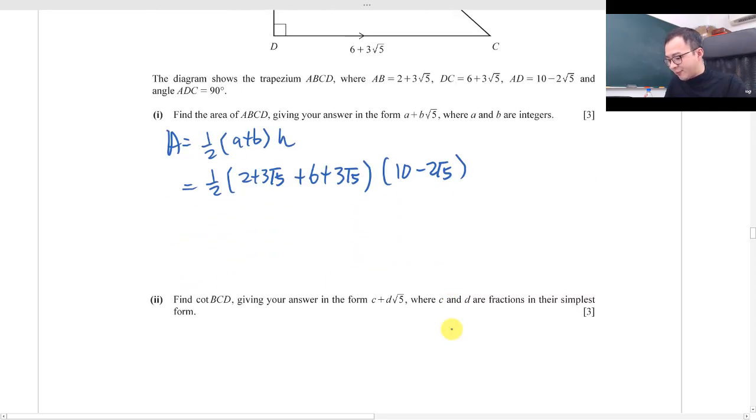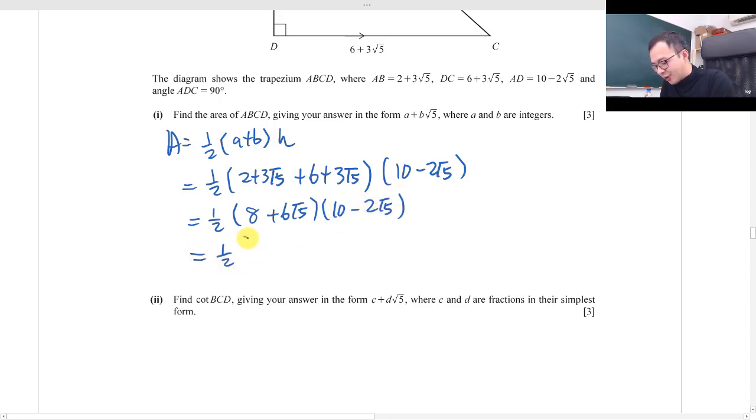Alright, so basically what I'm doing here is 2 plus 6, this one plus this one, you get 6√5, and 10 minus 2√5. So I will need to do the multiplication here first. This is 80 minus 16√5 plus 60√5, and then this one will give me 12 times 5, which is minus 60.